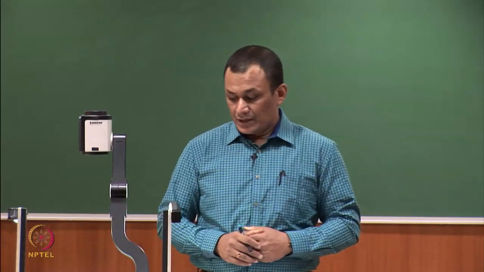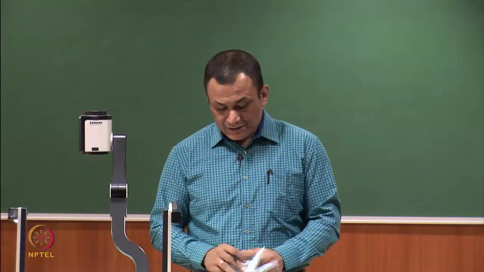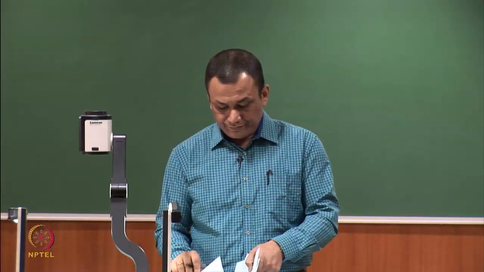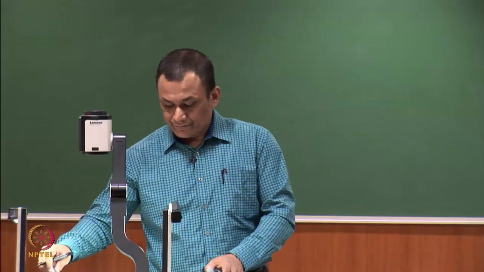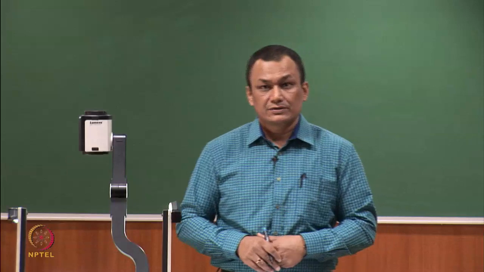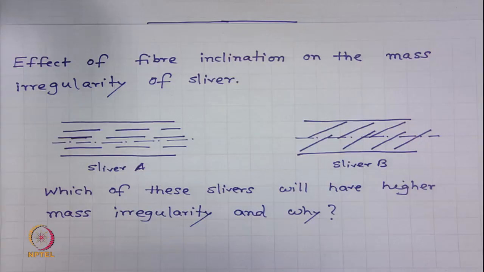So, if we come back to our starting question, which of these slivers will have higher mass irregularity? Of course, sliver B is the answer. And why? This complete derivation answers this question why.